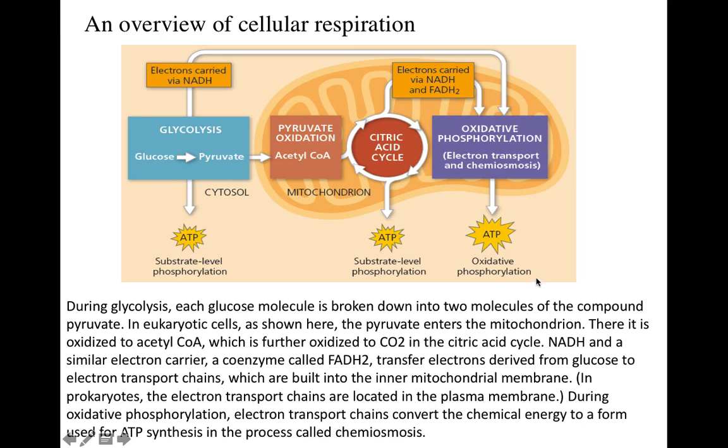In case of oxidative phosphorylation, we have studied that ATP molecules are generated via the ATP synthase enzyme, via the electron transport chain and chemiosmosis. So here ATP is synthesized by the binding of inorganic phosphate with ADP molecules. When energy is utilized, ATP has three phosphate molecules, adenosine triphosphate.